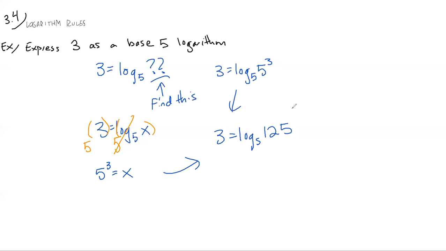So this is something that we're going to need to be able to do to answer some of these questions. It will definitely come up. Because what we're going to want to do is take everything that's written and wrap it into one little logarithm ball. And sometimes some of those things are like floating 3s or floating 2s. So this is how we do that part of it.